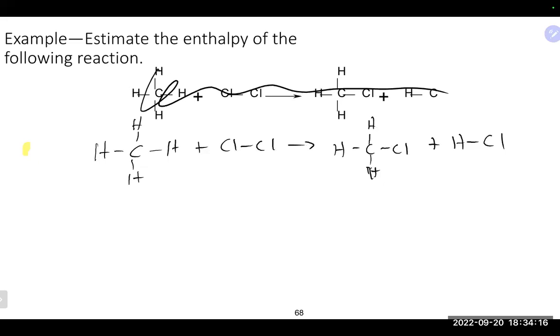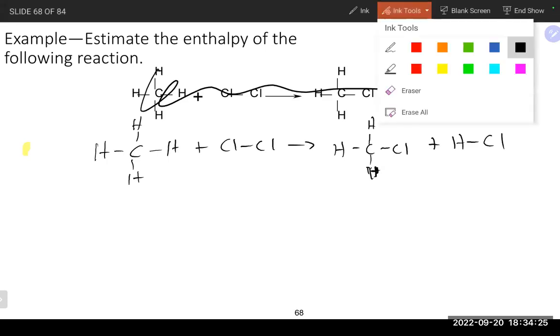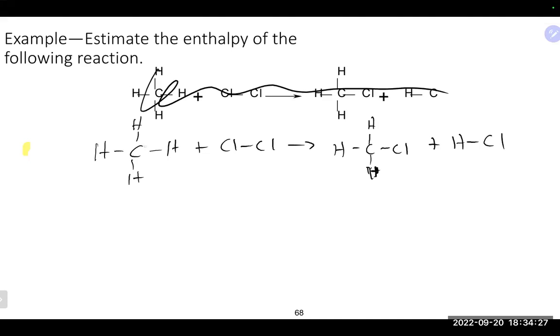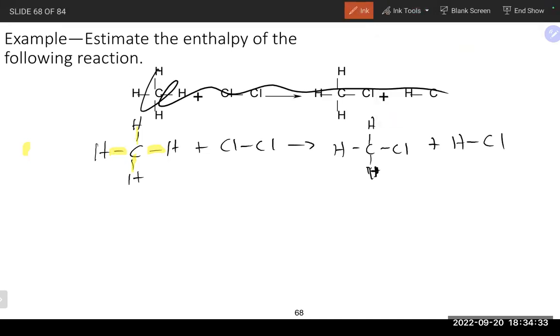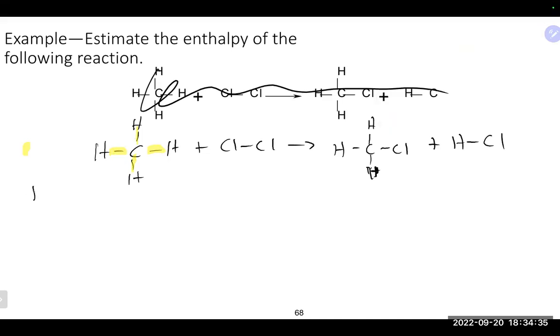All right, so on the left-hand side, we need to break all the bonds that we see. If we add up what we need to break, we clearly need to break 1, 2, 3, and 4 carbon-hydrogen single bonds.